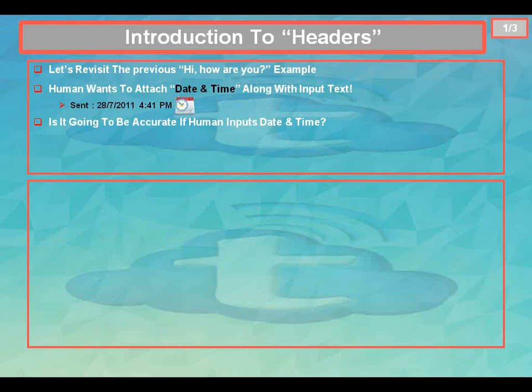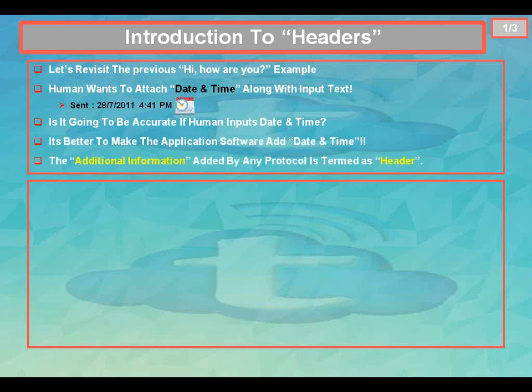We don't need to input what the date is to the computer. The computer knows its date and time. So we can tell the application layer to please add the date and time itself. Better to make the application software add it.